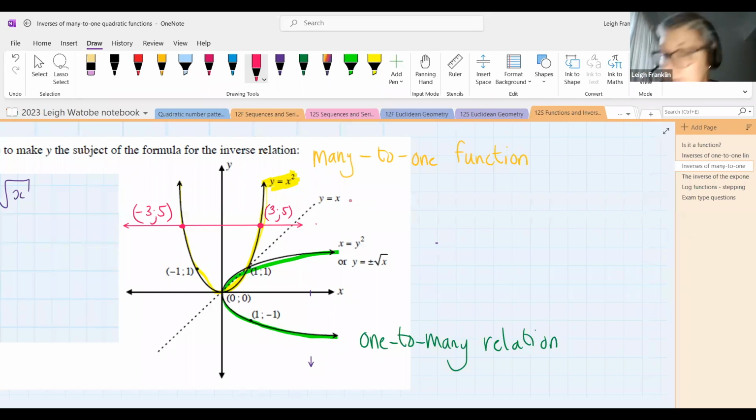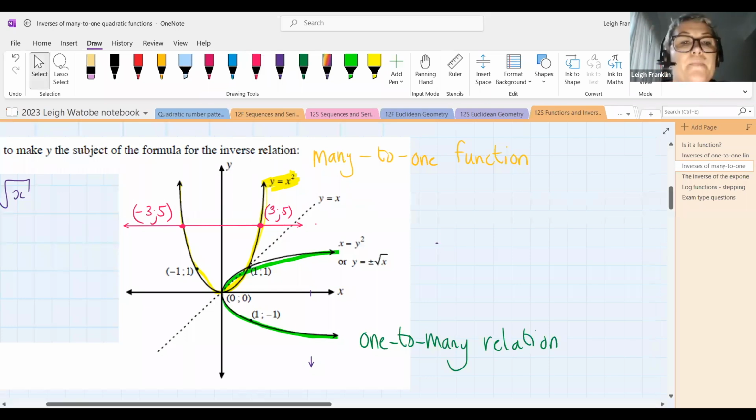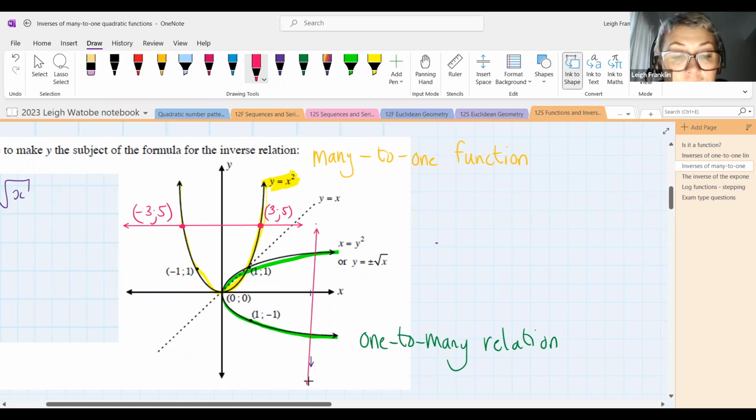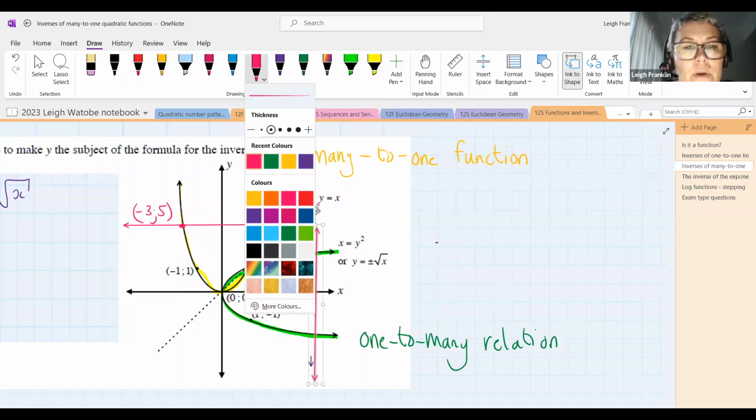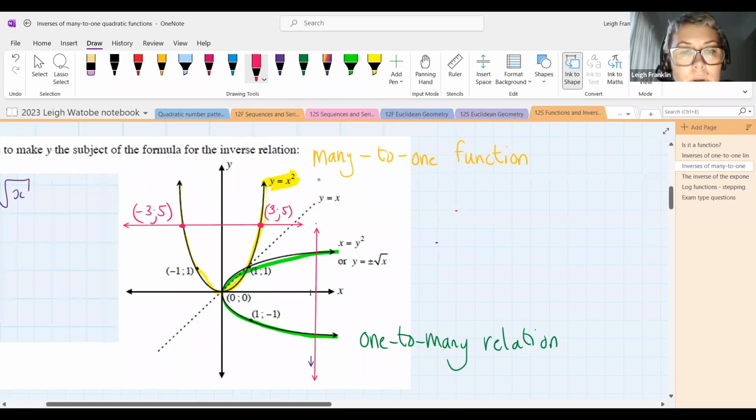But in this particular situation over here, the one in green, let's just draw this. The reason why it is not a function, okay, it fails the vertical line test for starters. And let's pretend I have reflected this over here.